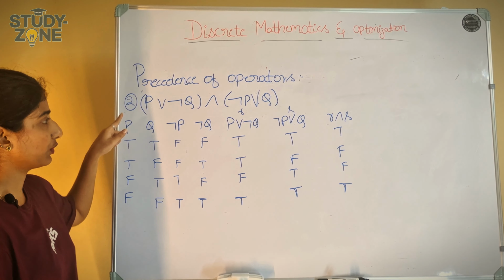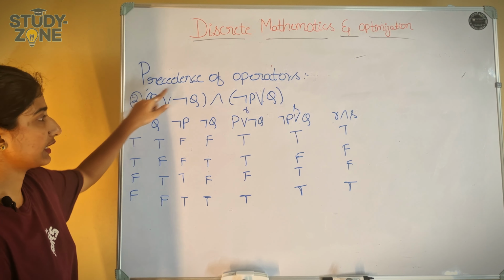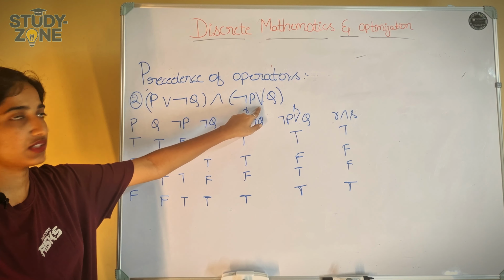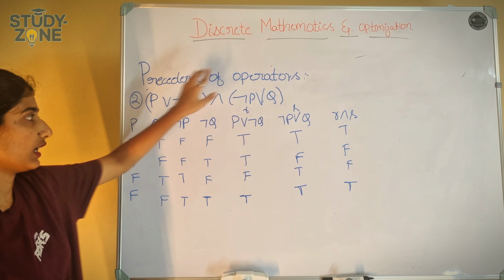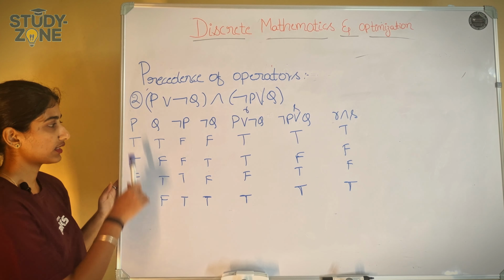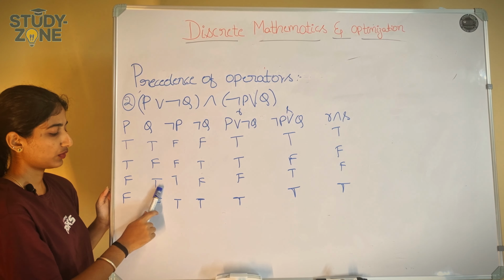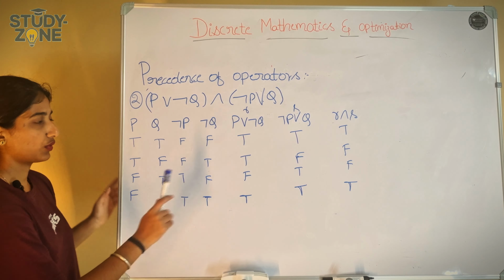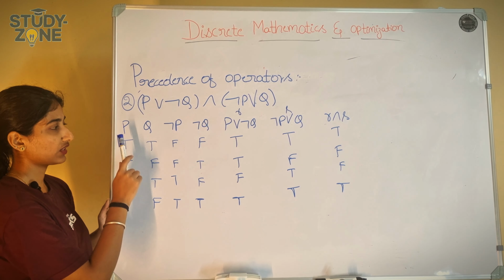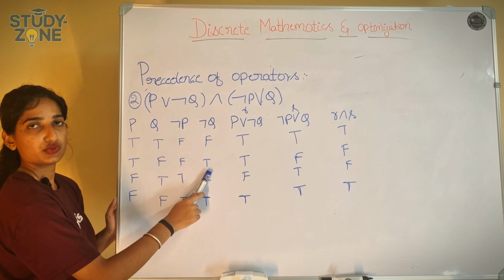So what we have to do? Here we have to solve first the part which is inside the bracket, and then we have to solve the AND operator. So let us take true, true, true, false, false, true, false, false. You all know that negation of true is false and negation of false is true.